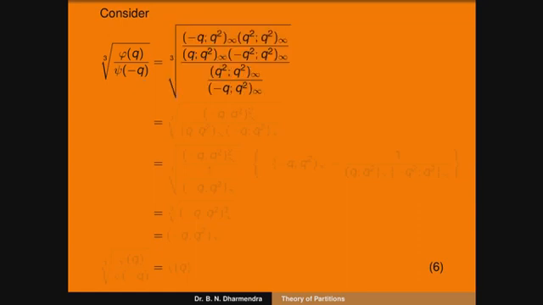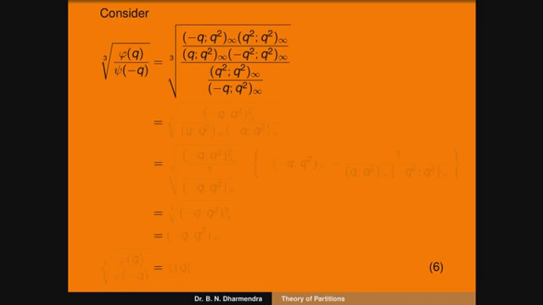Now the statement of phi of q is (minus q squared; q squared) infinity, (q squared; q squared) infinity divided by (q; q squared) infinity into (minus q; q squared) infinity. Similarly, xi of minus q is (q squared; q squared) infinity divided by (minus q squared; q squared) infinity.